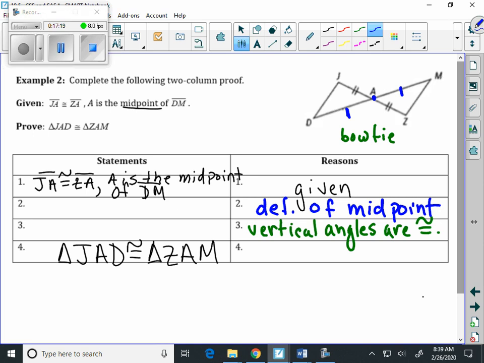And luckily enough, this problem already is marked up from the perspective of our first part of our given, is that JA is congruent to ZA, so we already have that. So now we can make our statement here is that DA is congruent to MA, and that's based on the fact that we're working with the definition of the midpoint.